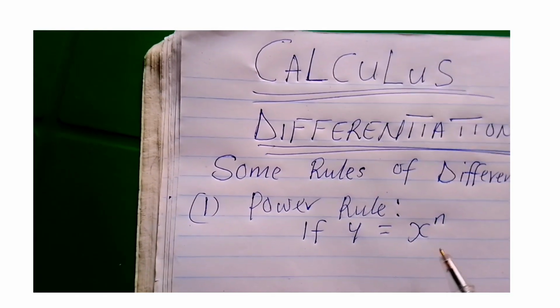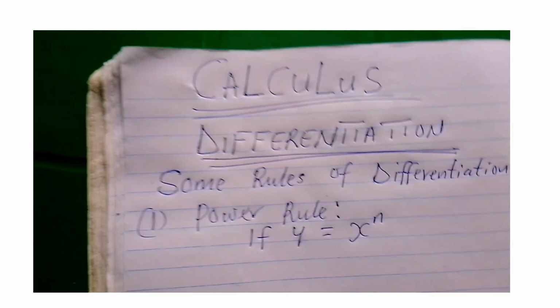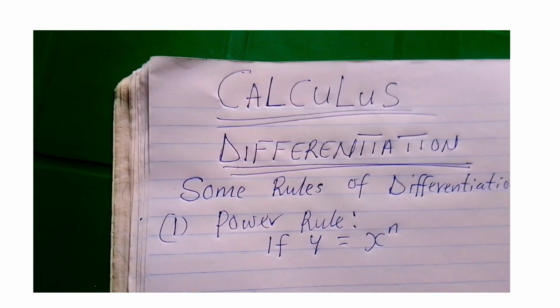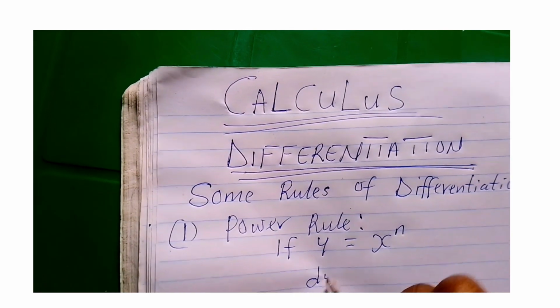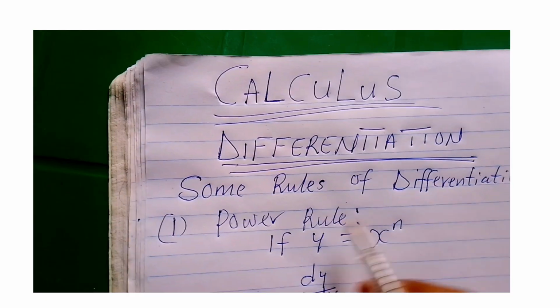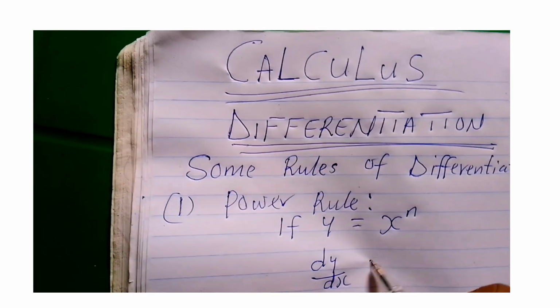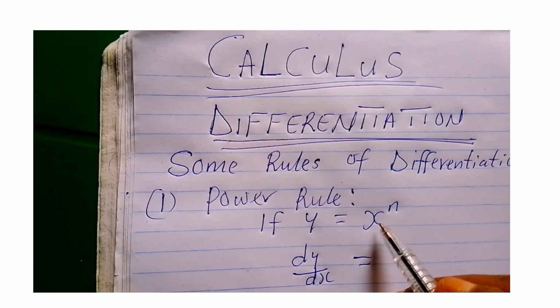if y as a function is equal to x raised to the power of n, for us to be able to find the derivative, which is dy over dx, this is the formula for the power rule. You know that this is a function raised to a power.